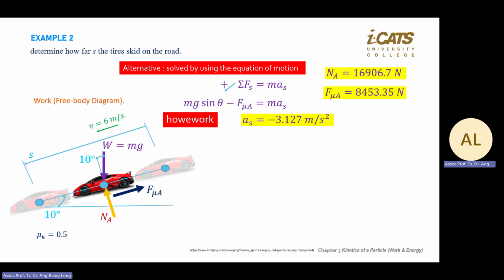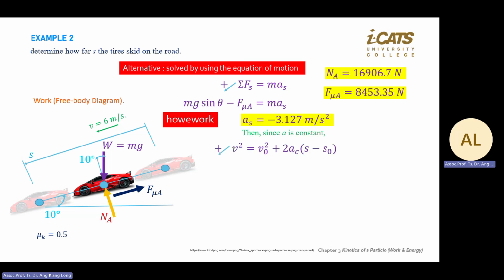You can use equation of motion if the question allows you to use it. If not, then you have to use chapter 3, principle of work and energy. So for chapter 1, what you need to do is always find the acceleration and make sure it is a constant value. Then only you can use equation of motion. You need to verify that A is a constant value first.